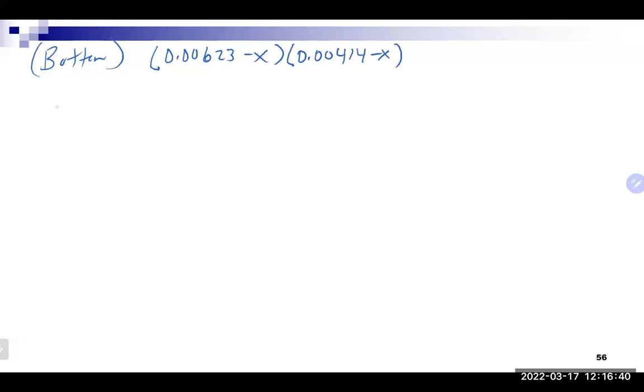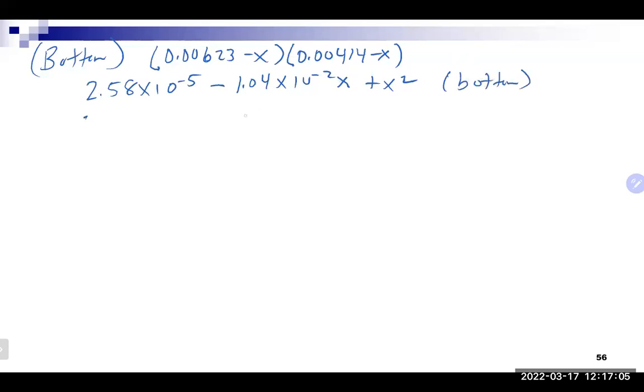And that is going to get us something like 2.58 times 10 to the minus 5 minus 1.04 times 10 to the minus 2 x plus x squared. I'll just rewrite them together. So that would be the bottom here. I basically added 0.00623 plus 0.00414 to get the number here in the middle. Okay, now we've got the top, we've got the bottom.